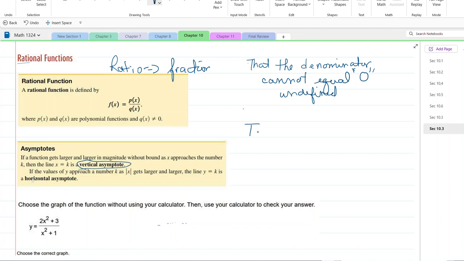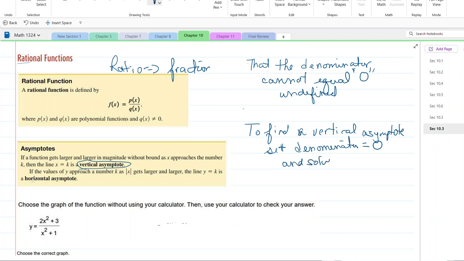To find vertical, up and down asymptote, set denominator equal to 0, solve for x.